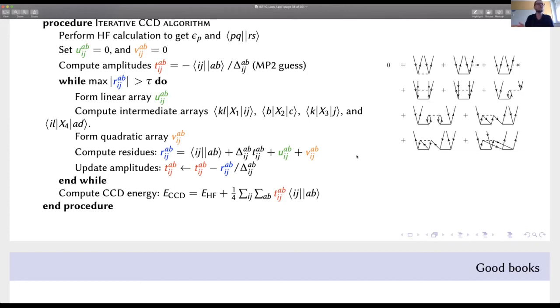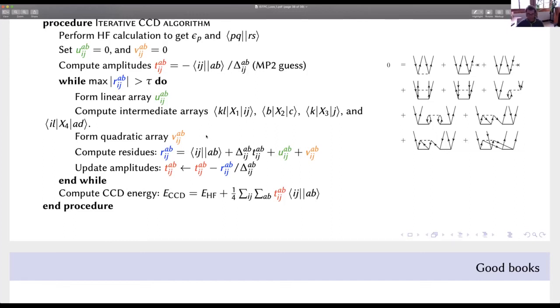There is a question for you. So could you explain more about the diagram in the last CC slides? Yes, I can. This expression here in terms of diagrams is basically the expression of the residuals, so the R's, in terms of the different terms in U and V, and those ones as well.